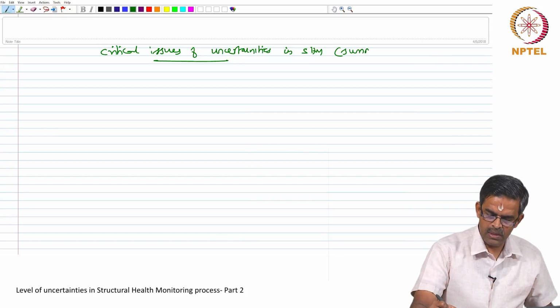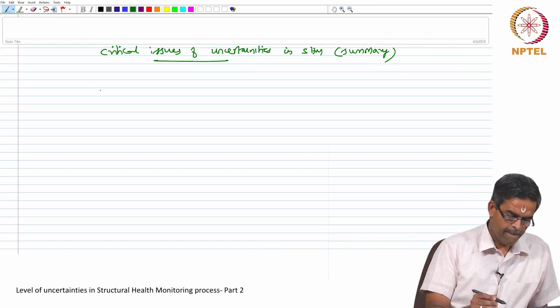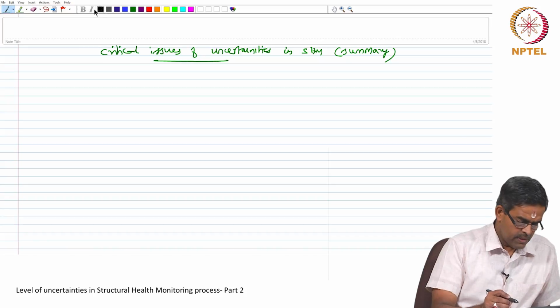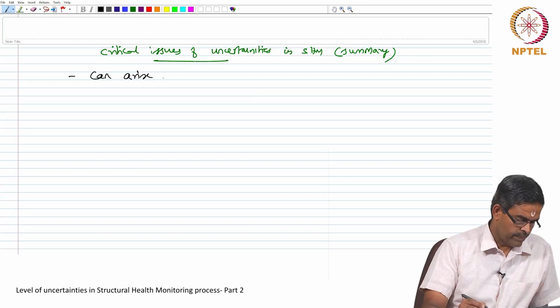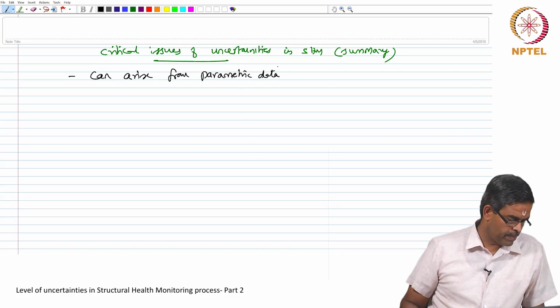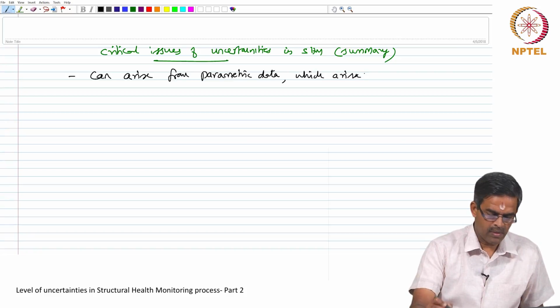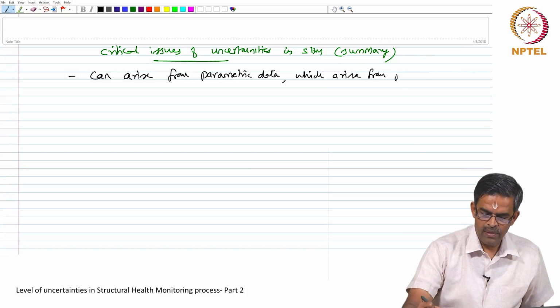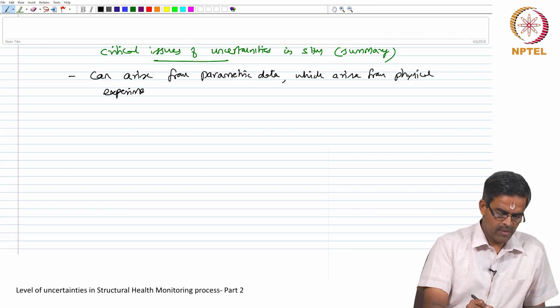Uncertainties can arise from parametric data which arise from the physical experiment and numerical simulation output.